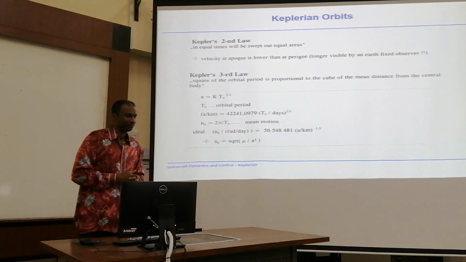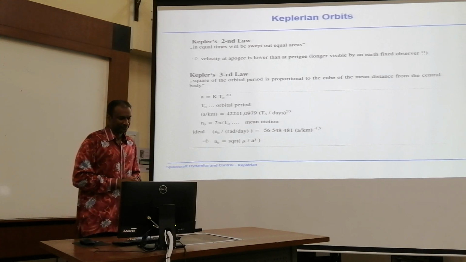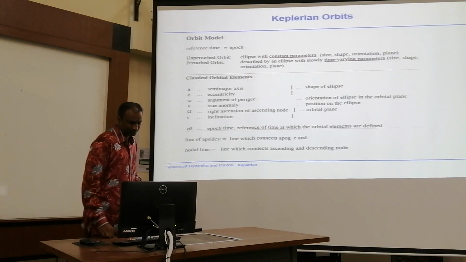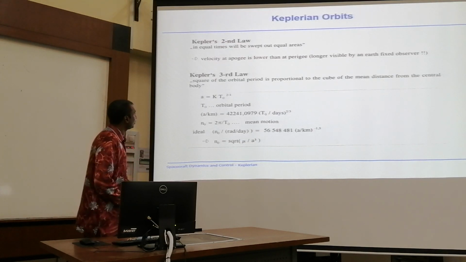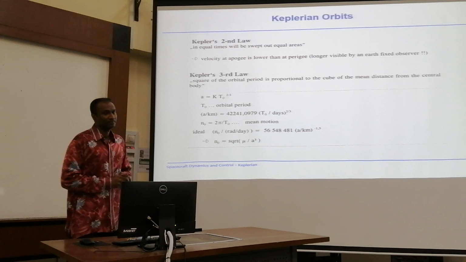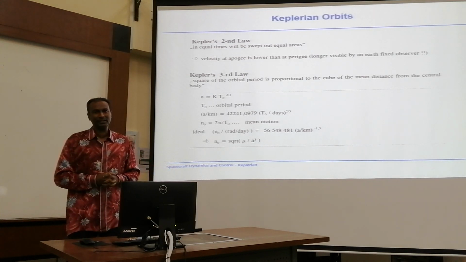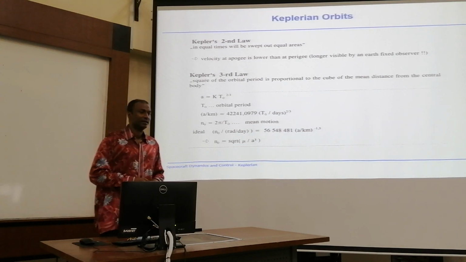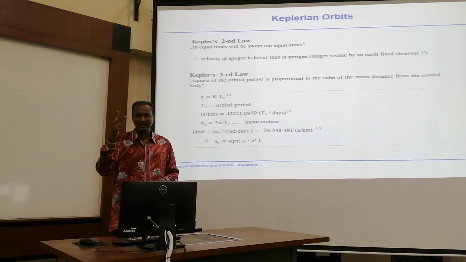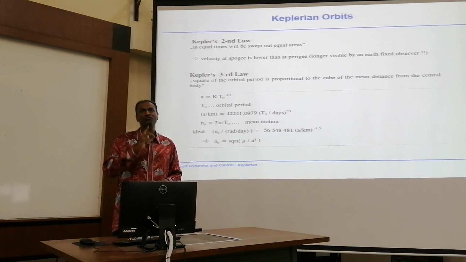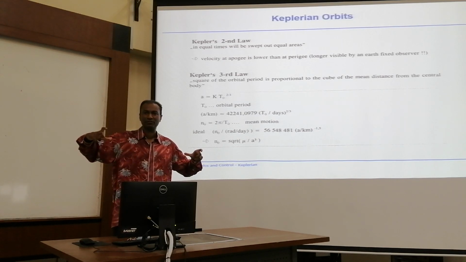Now, unfortunately, it doesn't stop there. We have a third law. The third law gives you nothing but the period. It seems that Kepler's laws 1, 2, and 3 can exactly tell you the time, which is not really true. Reason being, Kepler's second law tells you only the difference of time, any time frame.